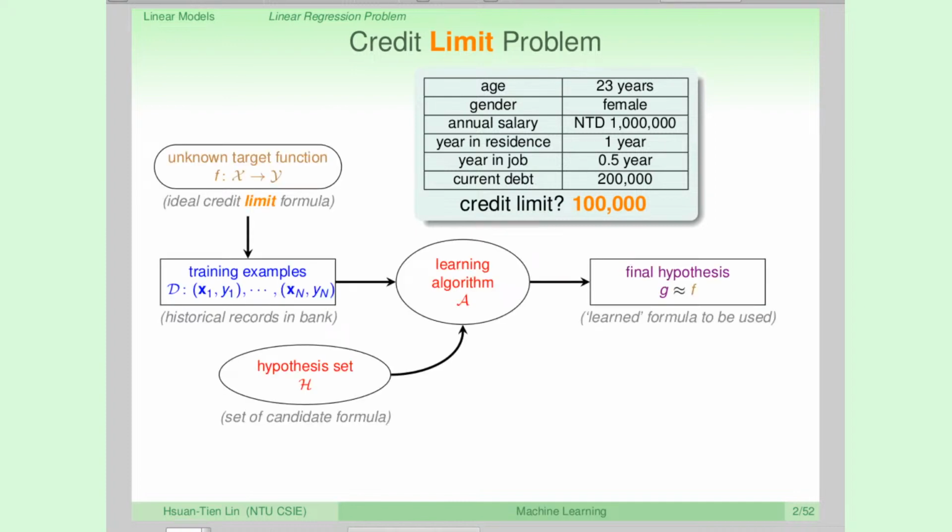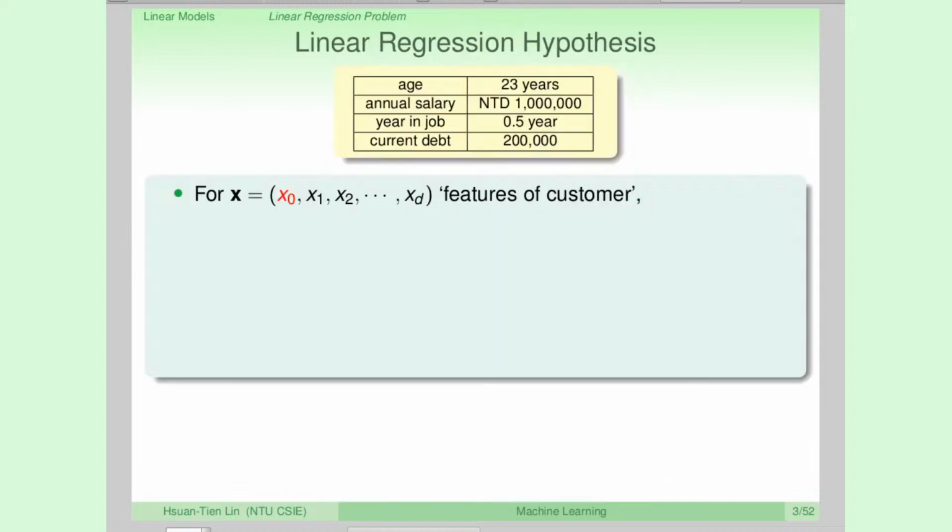Now the same flow of learning that we have encountered can be applied here, and the only difference is that the output space is now a real value, actually a non-negative real value maybe, and that's the regression problem that we have discussed in earlier lectures. How do we solve this problem?